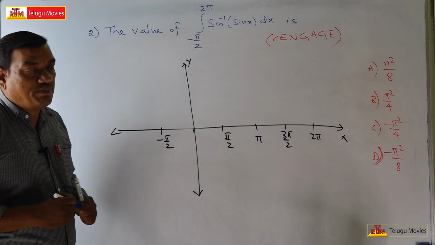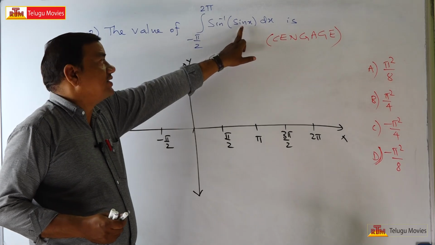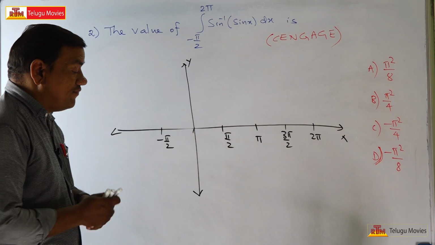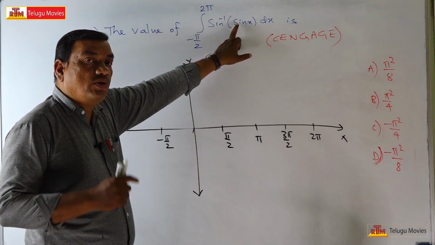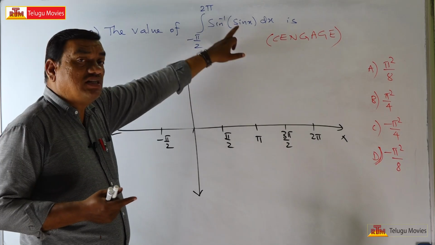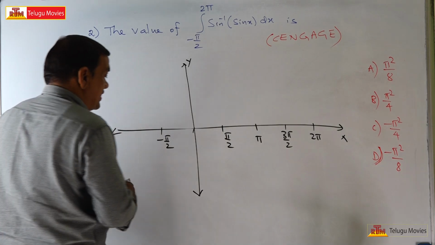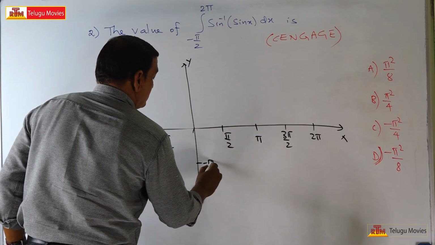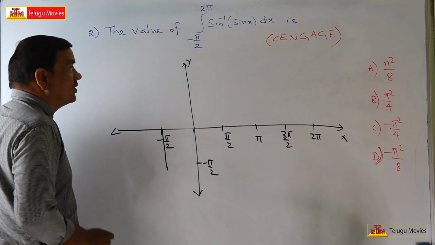First of all, substitute x equal to minus pi by 2 in sin inverse of sin x. Sin of minus pi by 2 is equal to minus 1. Sin inverse of minus 1 is equal to minus pi by 2. So again you will get minus pi by 2 here. So from here the graph will be like this.